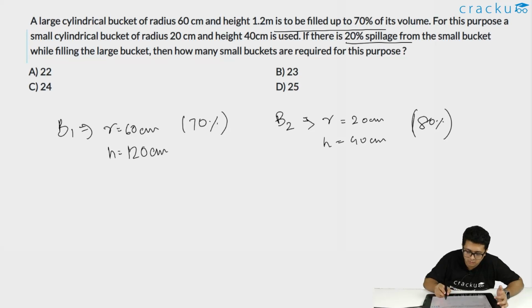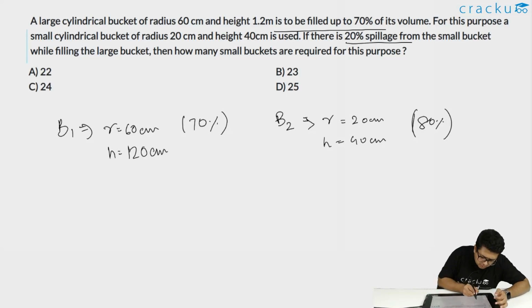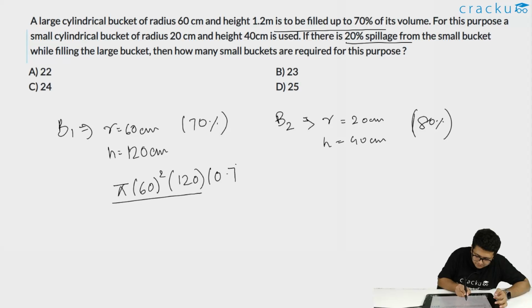How many small buckets are required for filling the large bucket up to 70%, right? So the volume that is to be filled is the volume of the cylinder into 70%. So the volume of the cylinder will be pi r square into h, right, into 70%.